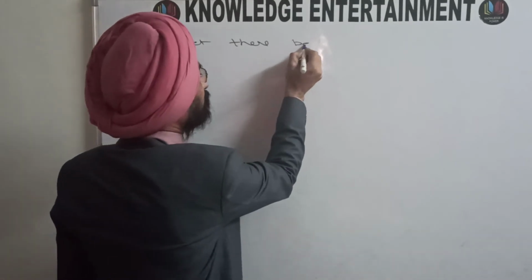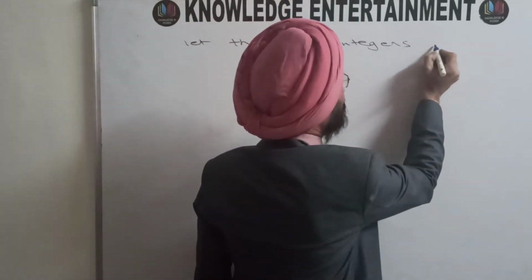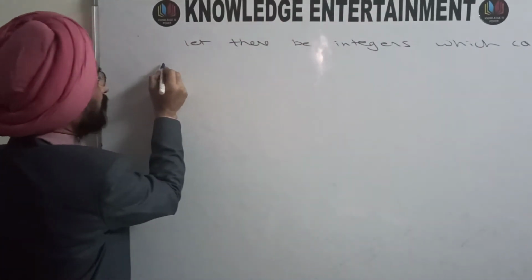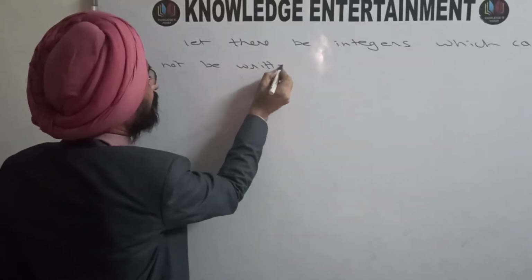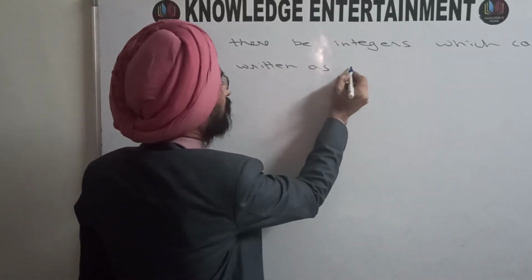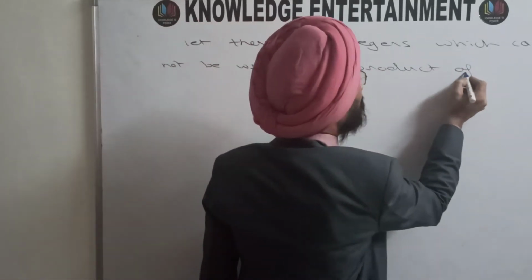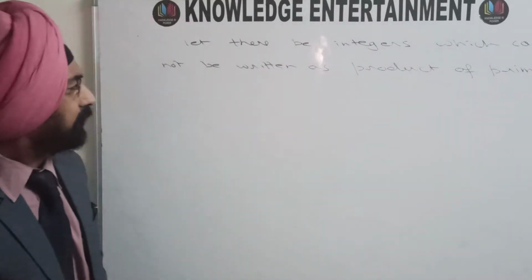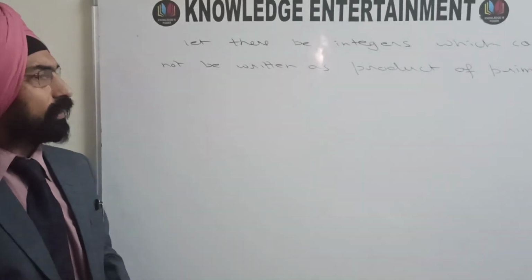Let there be integers which cannot be written as a product of powers of primes, or you can say a product of primes, because powers of primes is also a product of primes.